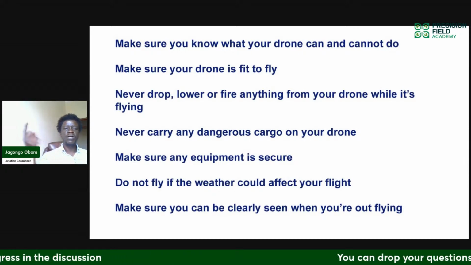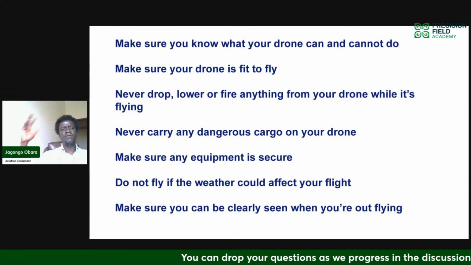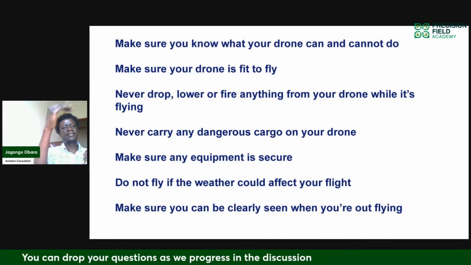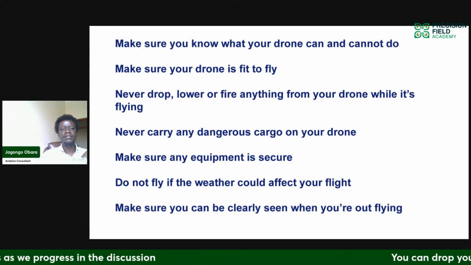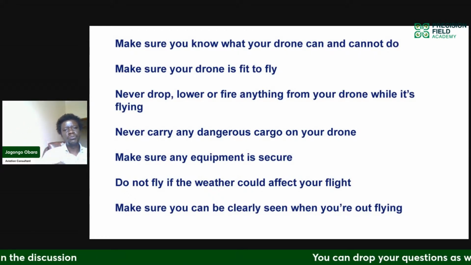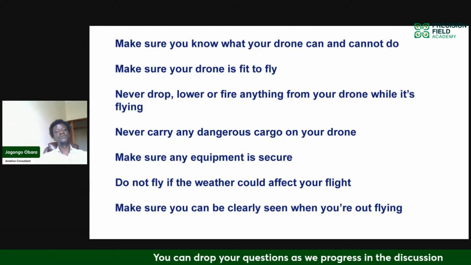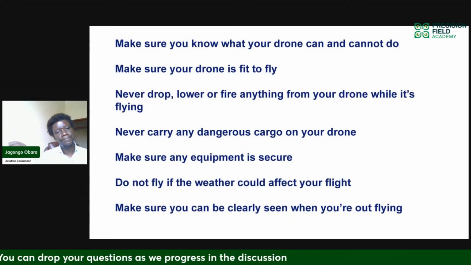So we all know that when our motors are spinning and our propellers are spinning, we are gathering all this dust from the ground. And so the higher the IP rating, the more dust it can handle without being affected. So we also need to, as it goes back to the first note, make sure you know what your drone can do and what it cannot do.